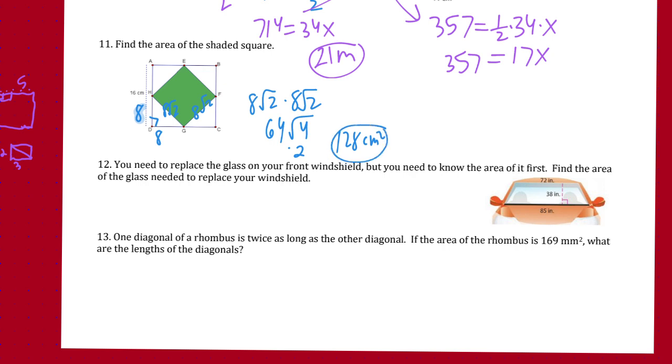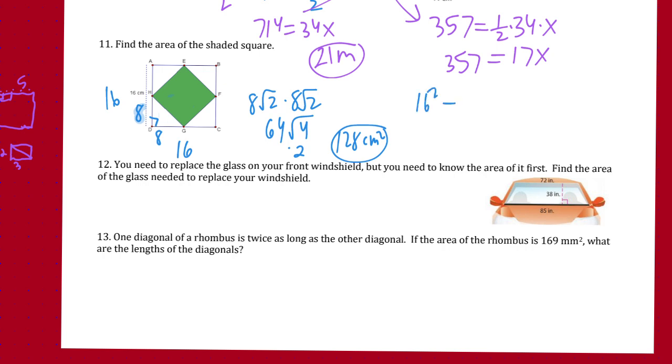Another way we could do it would be taking the area of the big square and minusing off the white parts, okay? If you find the area of the big square, the bottom is 16 and the side is 16, so you would do 16 squared.